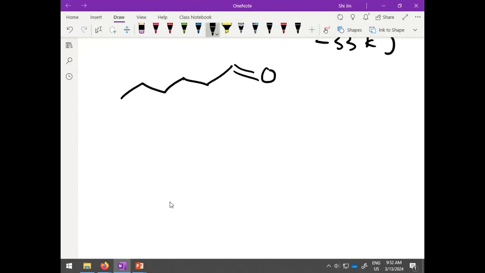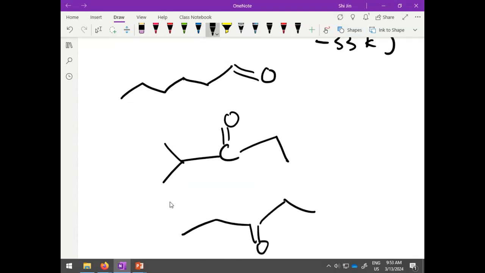If I write a few C6 carbonyl compound isomers, 1, 2, 3, and you want to look at the hydration equilibrium constant, which of those have the highest hydration equilibrium constant? We have 3. Which one has the highest?